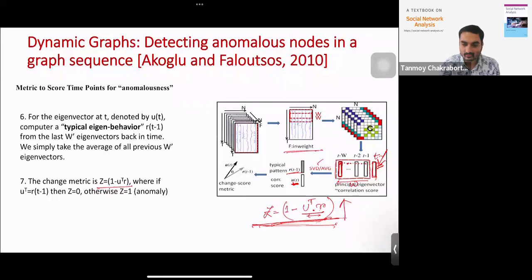You can also look at the nodes which are responsible, because you can easily go back and track which entries in the eigenvectors are abnormal, and you can flag some of them. So this is the idea.